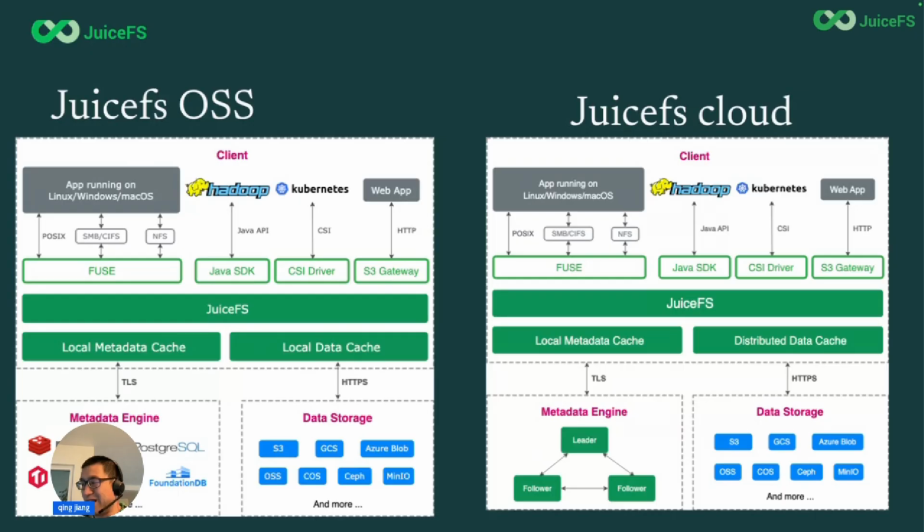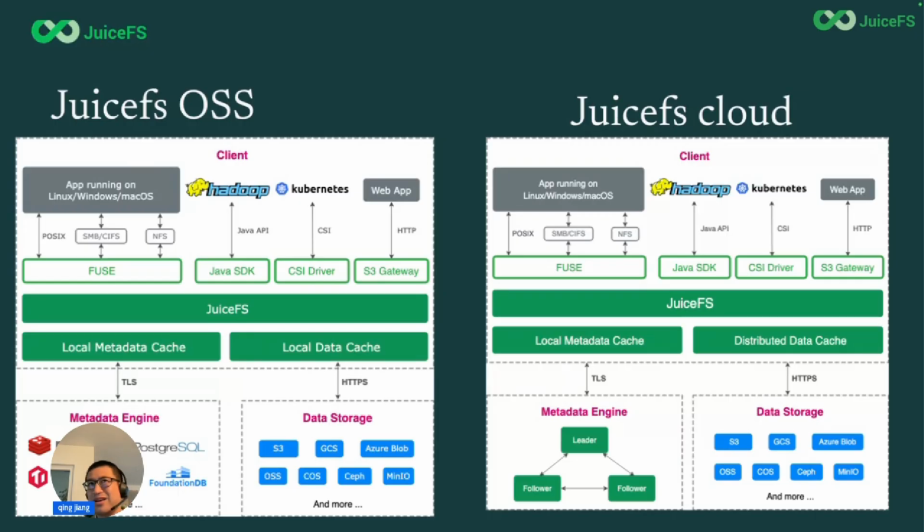In our cloud service, we use a proprietary meta engine, which is optimized for file operations. You probably know that looking up a file in a very deep folder is much different from a key-value or even a SQL query. So the meta engine in the cloud service is optimized for file operations.